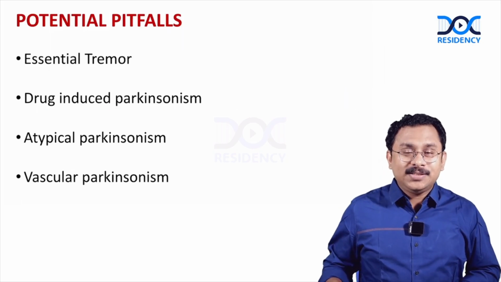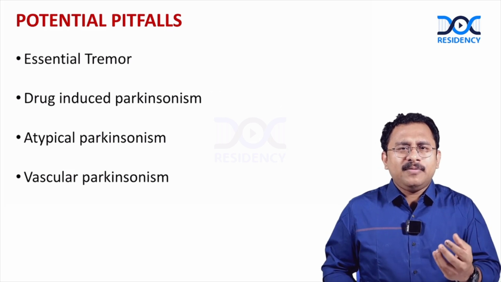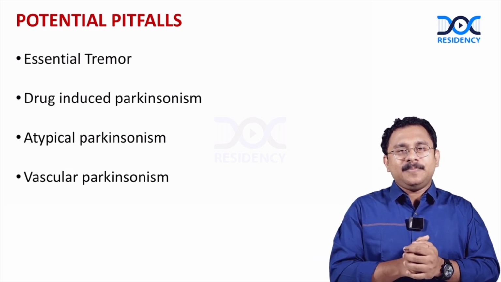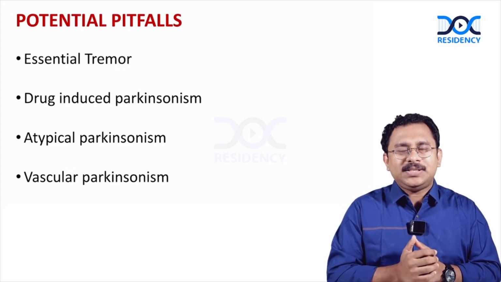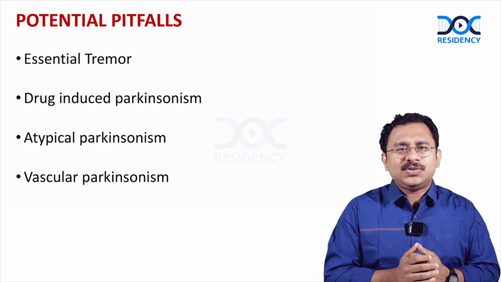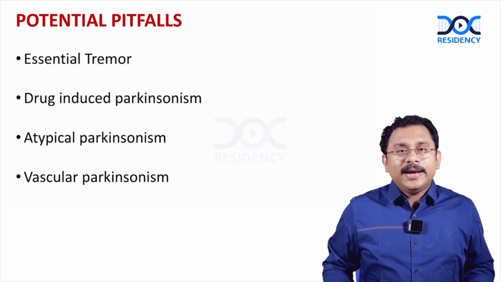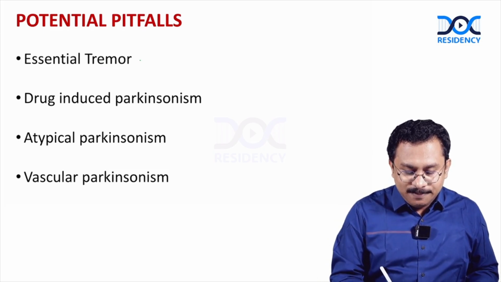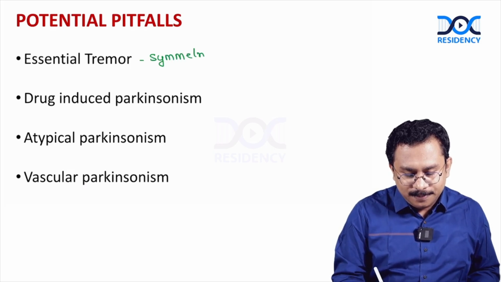Number one, essential tremor. It's not uncommon that, say, a 55-year-old patient comes to you with bilateral tremor. On seeing the tremor syndrome and looking at the age of the patient, you might make a diagnosis of Parkinson's disease. But remember, patients with essential tremor usually present with symmetrical bilateral tremor.